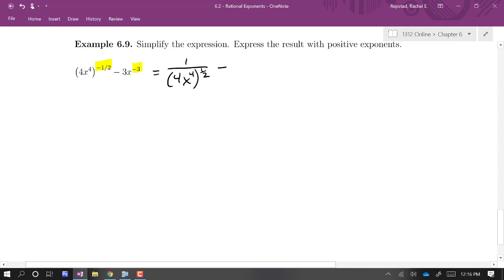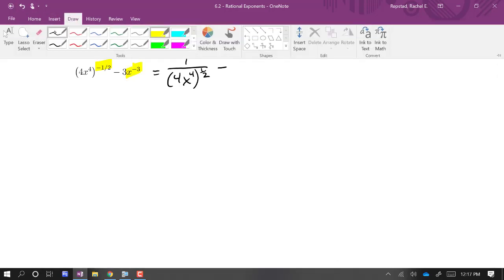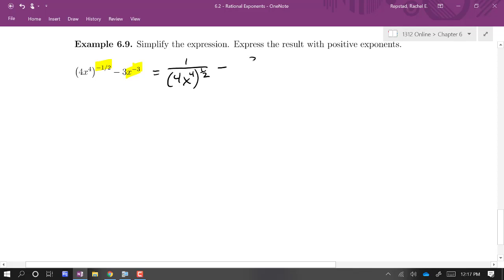Now for the second one, it's just x that's raised to the negative 3rd power. So the 3 stays up top. So that fraction, 3 over x cubed, by itself is already simplified. I'm going to simplify this first fraction.